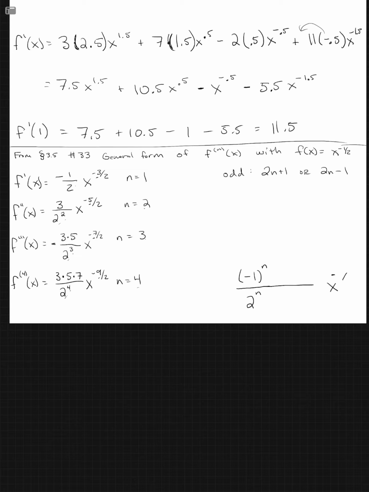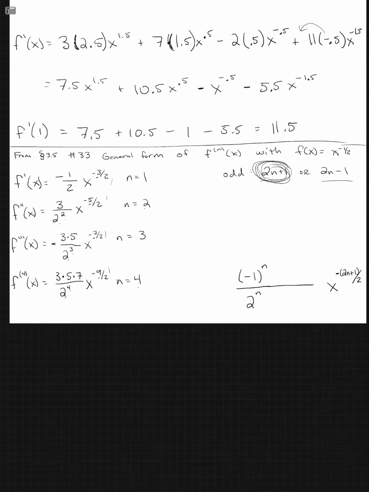It's always a negative odd number. So is it 2n plus 1 or 2n minus 1? Well, when n is 1, we get 3, which we get when we plug 1 into 2n plus 1. When we plug 2 into here, we get 5. When we plug 3 into here, we get 7. And when we plug 4 into here, we get 9. So it looks like this power is negative (2n plus 1) over 2. That means we match up with the 4 we got here, and it seems like the pattern will continue.